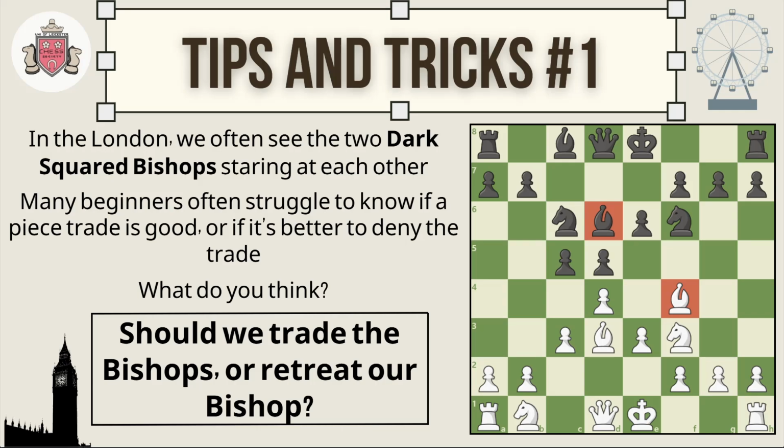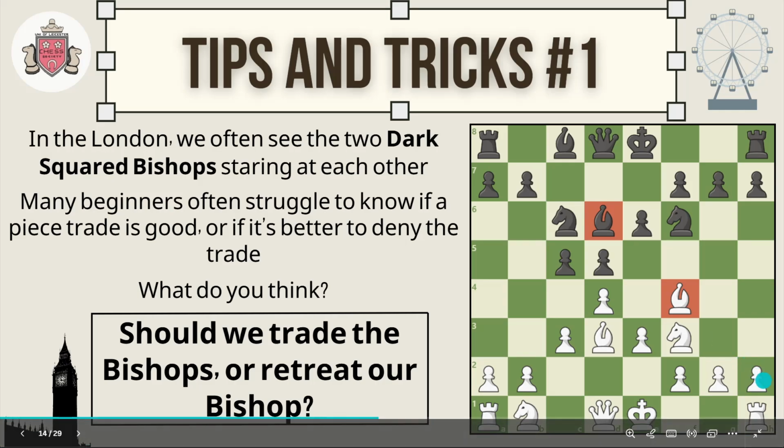Another really nice thing is that if we rock it back to g3 and Black takes our bishop on the next move, we can always recapture with the h-pawn, right?